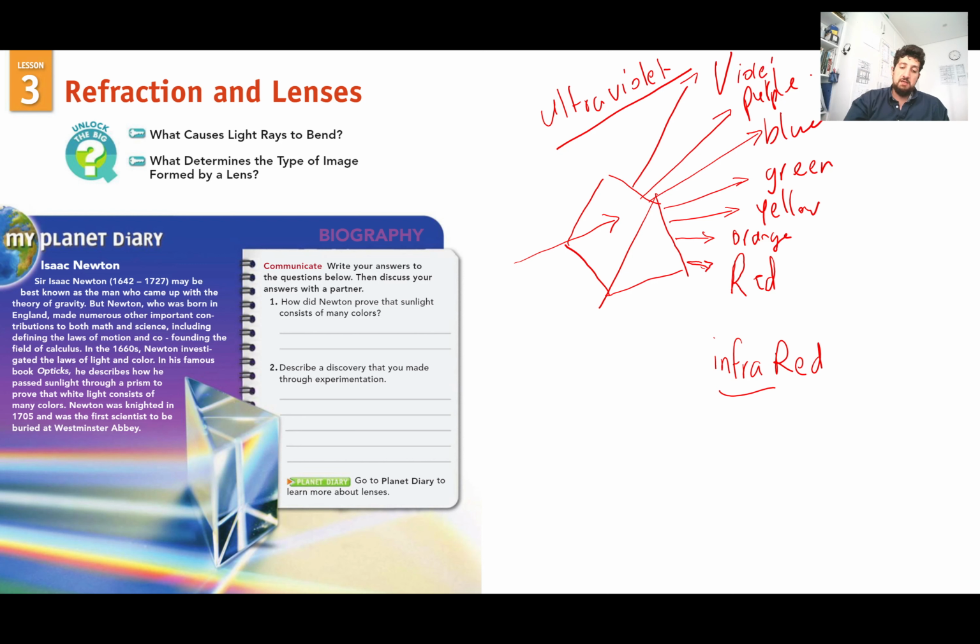So that's basically the visible light, all the colors that we can see. The things that we can't see are infrared, anything below red, and ultraviolet, anything above violet. Some animals can see those, but we can't see them.